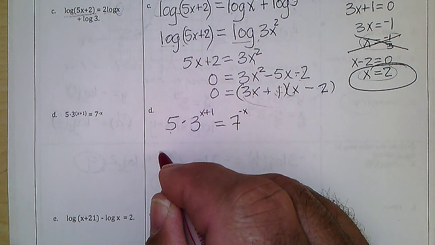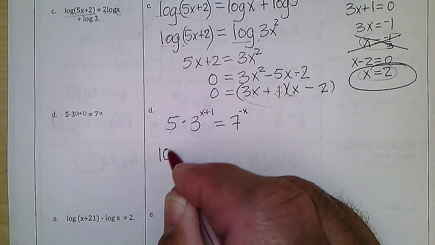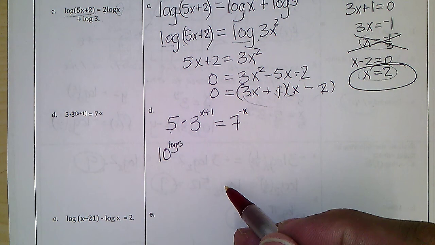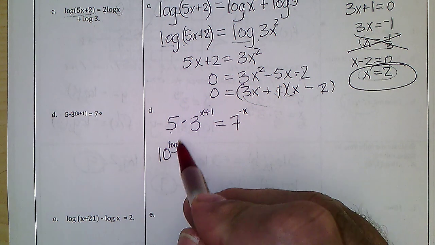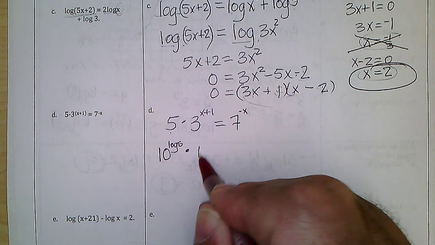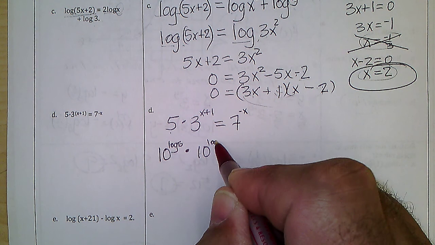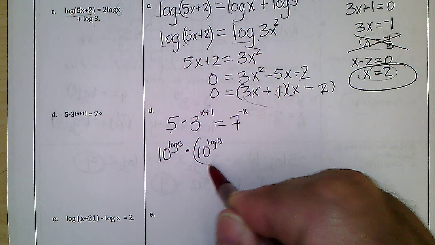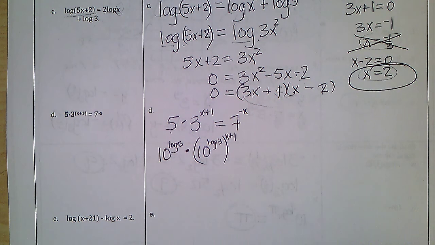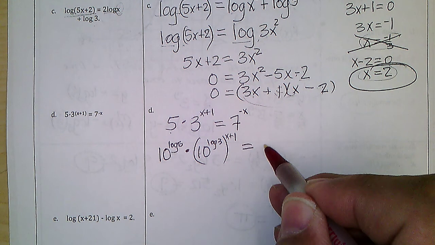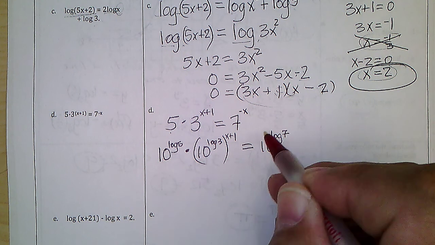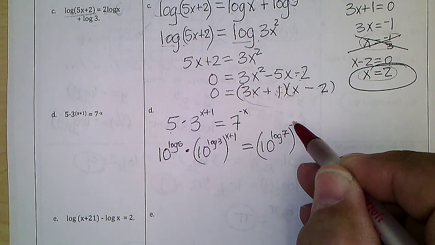So 5 can be rewritten as 10 to the log 5. 3 can be written as 10 to the log of 3, and that one is to the x plus 1. And 7 is 10 to the log 7, and that's to the negative x.